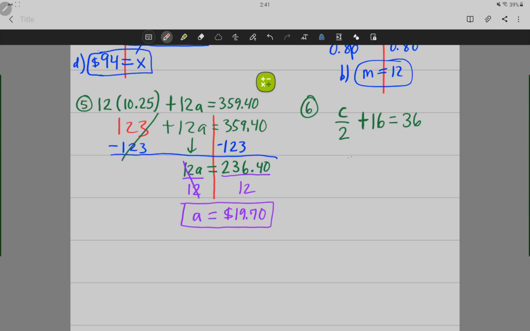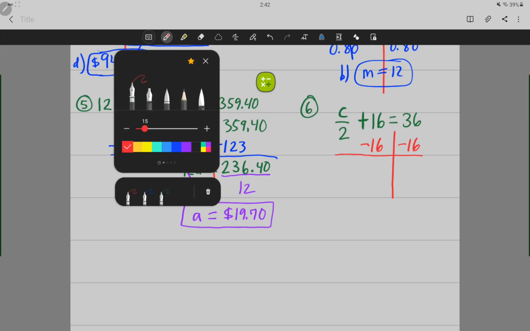Now to solve, again, equal sign, let's draw a line. Next to the variable, I see another term, the positive 16, it says plus 16. So let's do the inverse or opposite, and let's subtract 16 from both sides.